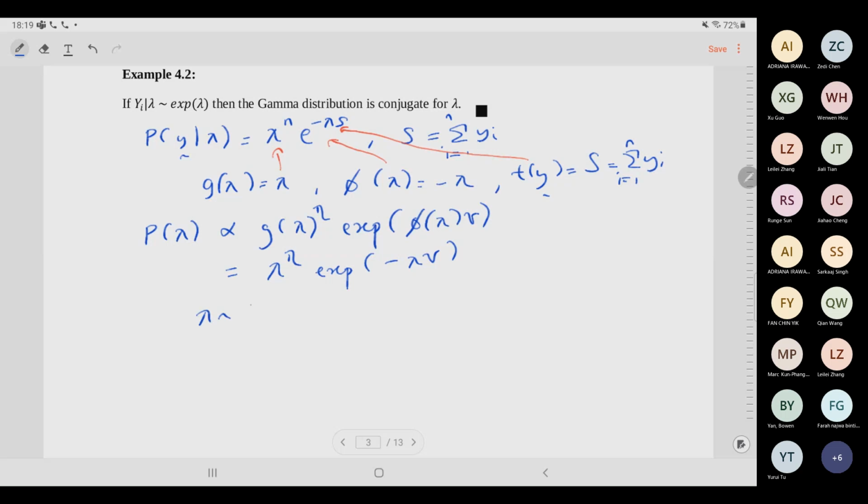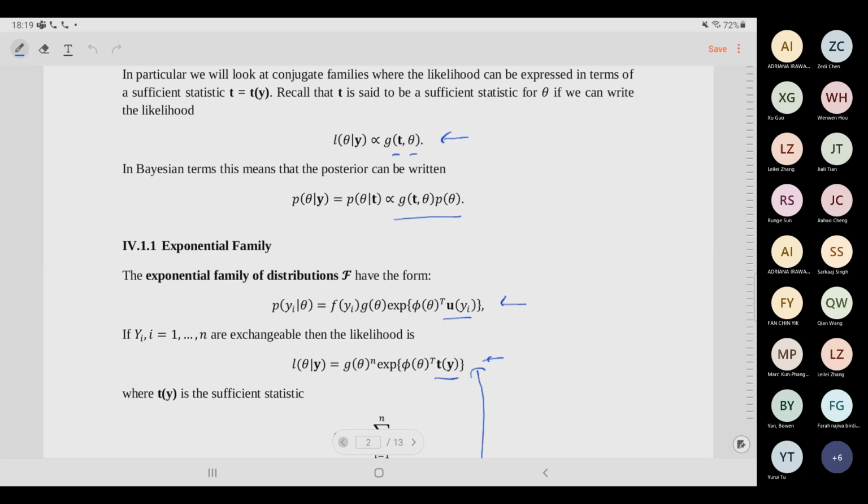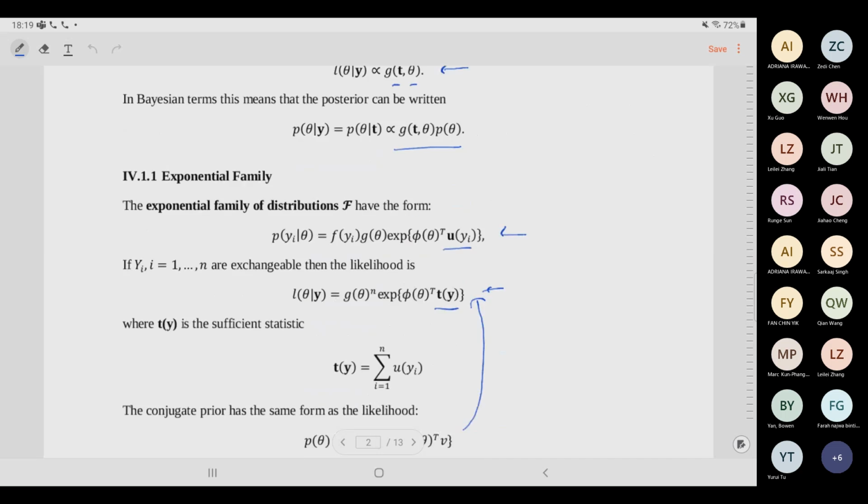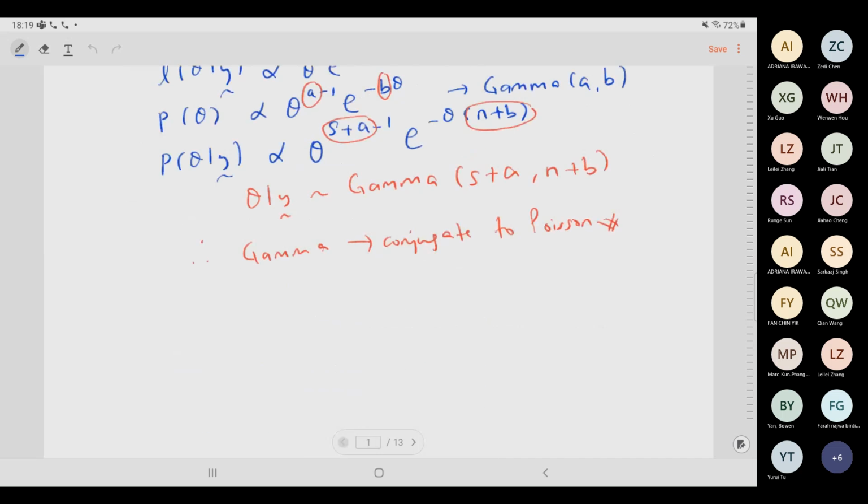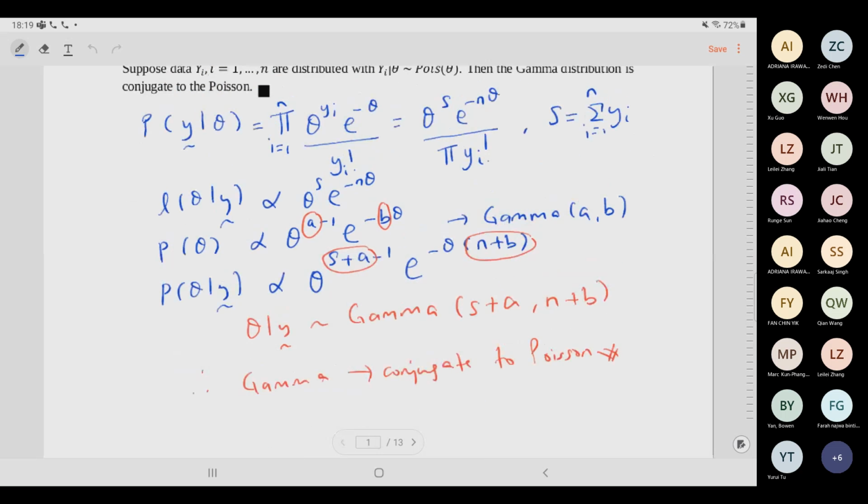So your lambda actually has a gamma distribution with parameters, this should be eta plus 1, and then we have v. Remember gamma, if you remember from the previous example, the gamma kernel is parameter power a minus 1, exponential minus b theta.